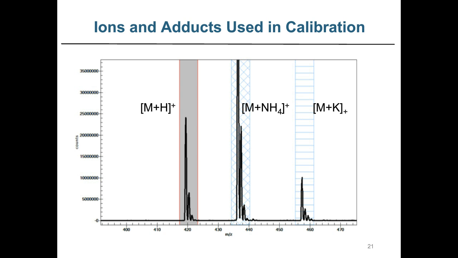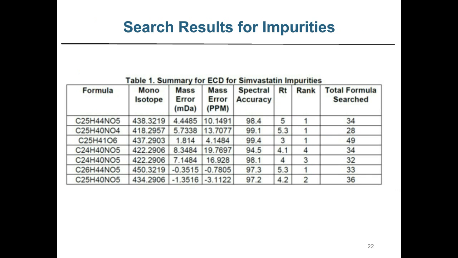Once we've applied that calibration and we analyze the other unknown peaks, what we've done here is created a table which shows the identified formula for the unknown, and we've also given the mass error in both milli-Daltons and ppm, the spectral accuracy measurement, and the formula rank.